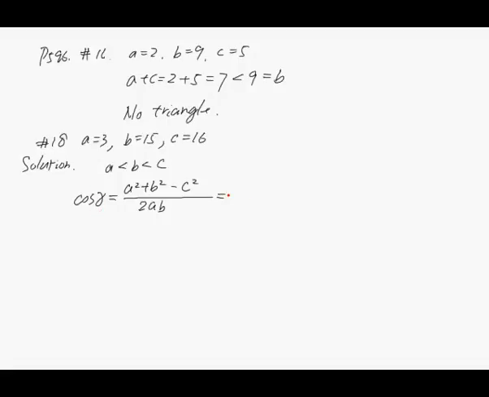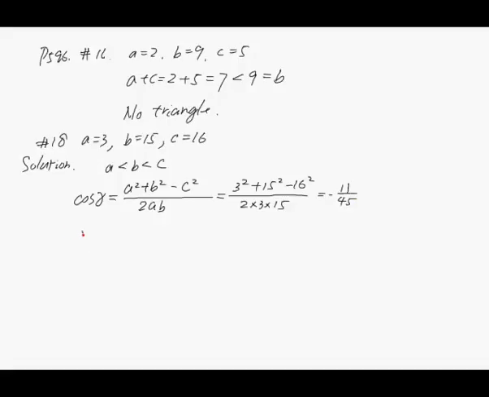Now, let's plug in all those numbers: 3 squared plus 15 squared minus 16 squared, divided by 2 times 3 times 15, and this is equal to negative 11 over 45.